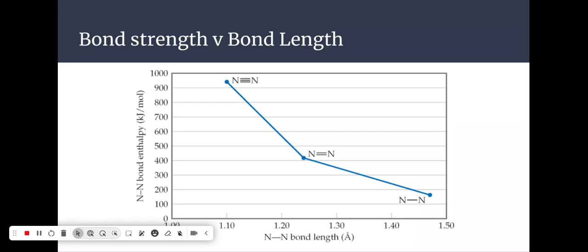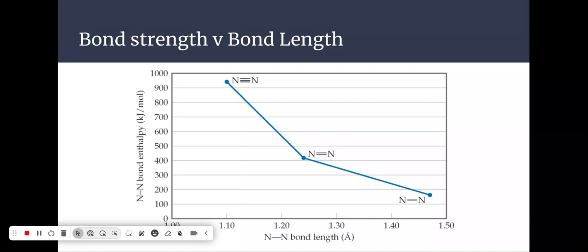Going along with this, the bond enthalpy is also the highest, meaning the energy released when this bond is broken is the most. This is because the triple bond is the strongest bond, and it is the hardest to break. So if you do break this bond, then it will release the most energy.